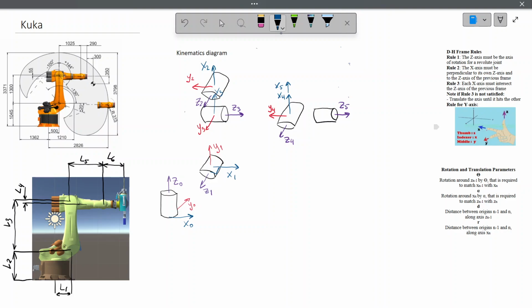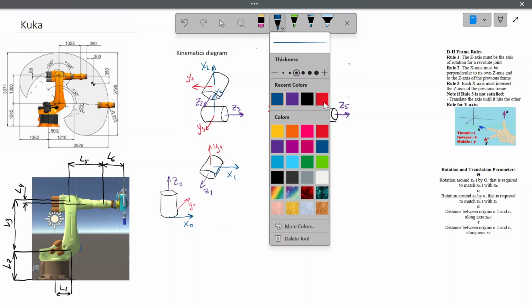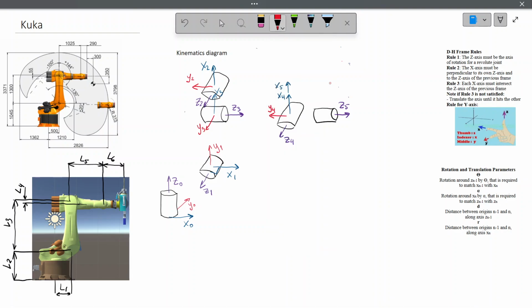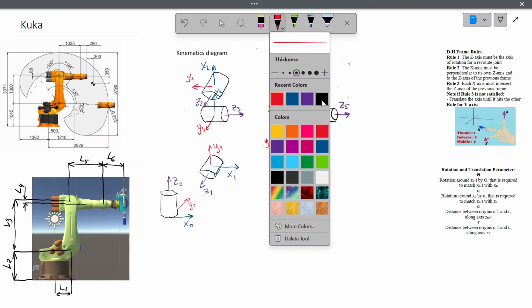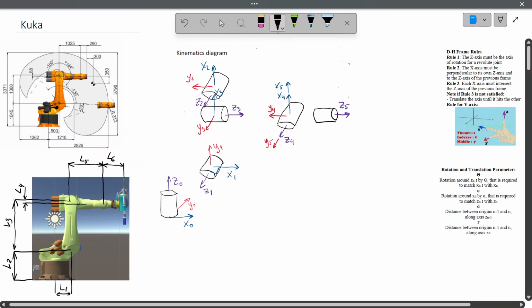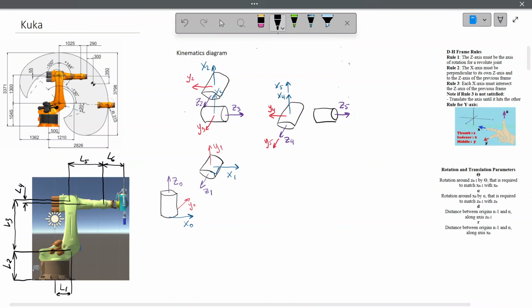Next, we also, based on these thumb rules, draw the y-axis. So it will be this direction, y5. So here was our end effector, and here we also have the drill point. So from the end effector to this drill point, we also need to draw this frame.